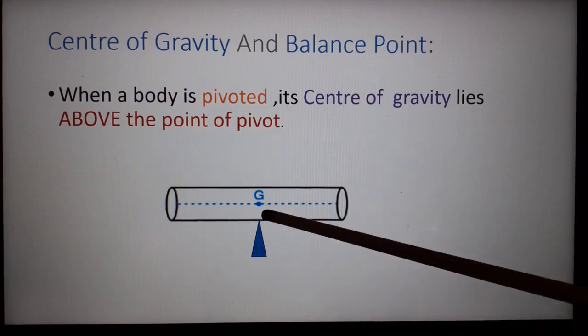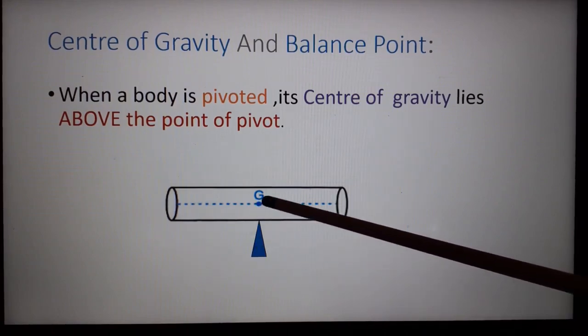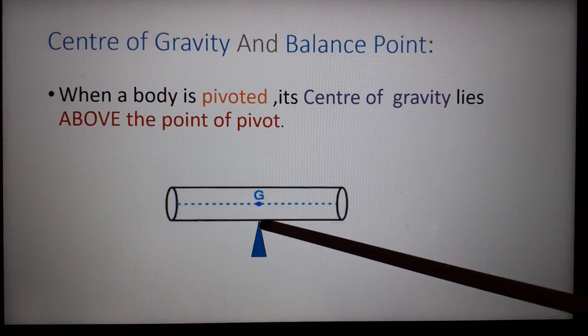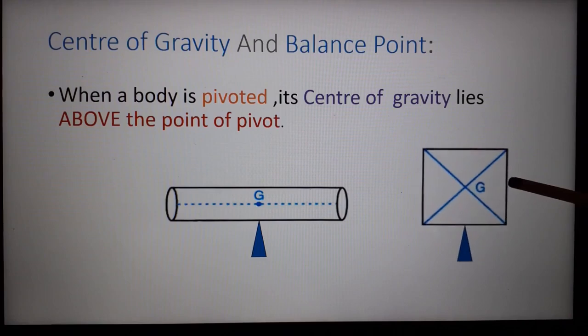But if you want it exactly horizontal, the point of pivot should be exactly below the center of gravity. Clear? Next, we are taking this cube, right? We have pivoted it. So the point of pivot should be just below the center of gravity. Then and only then the object will be balanced or in equilibrium.